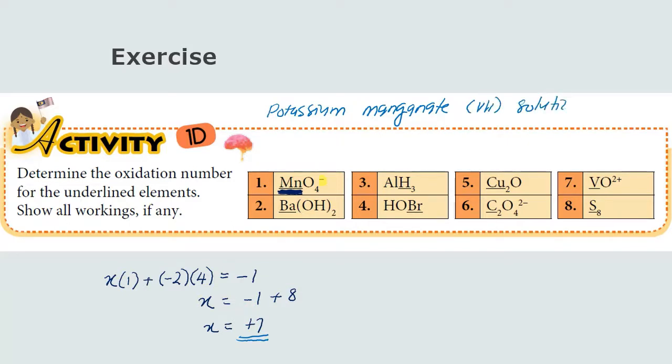The 7 here is actually the oxidation number of manganese in the manganate ion. If we write the chemical formula of potassium manganate 7 solution, it is KMnO4, potassium manganate solution.